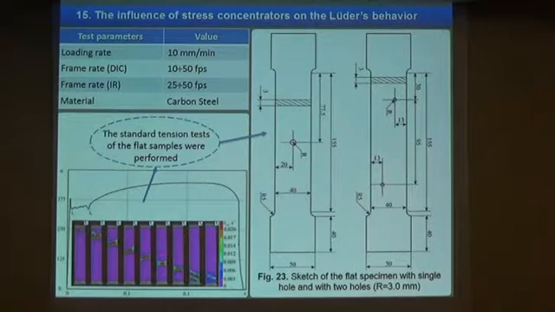Okay, and another part of my work is about the study of the influence of the stress concentrators on the plastic flow behavior. First of all, we test the standard flat samples to have the main parameters of the effect. And after that, we test the specimens with one hole and with a set of two holes.